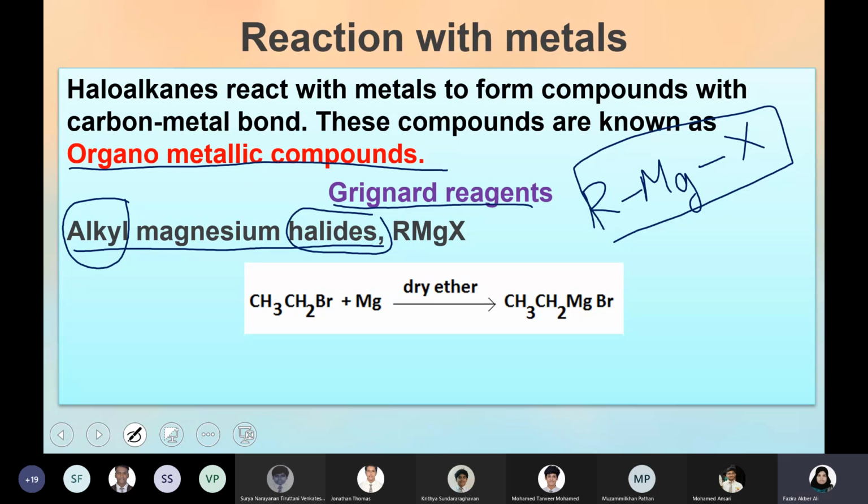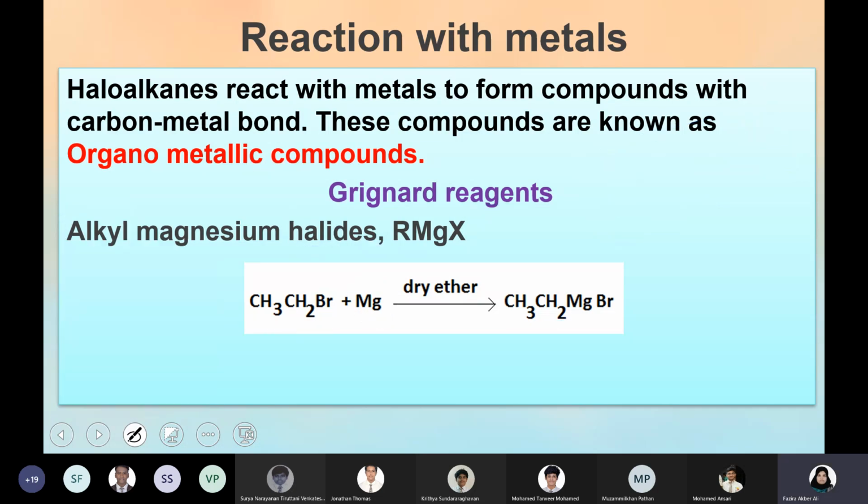To prepare Grignard reagent, you take your alkyl halide and treat it with metal magnesium in dry ether condition so that the magnesium will be added between the alkyl and the halogen, so that you get an RMgX format. Am I clear now?